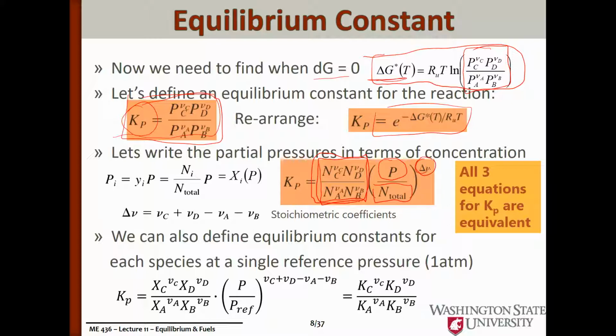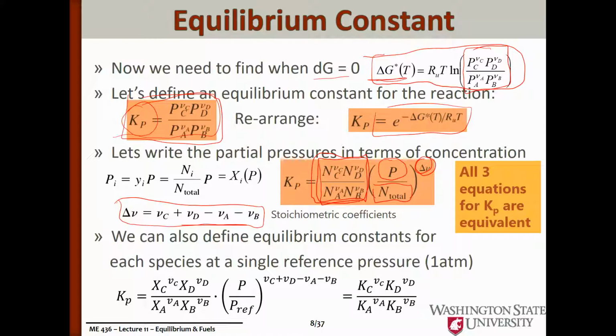And this delta V is just the difference in these exponents, V_C, V_D, V_A, and V_B. So delta V is the difference of the stoichiometric coefficients, products minus reactants.